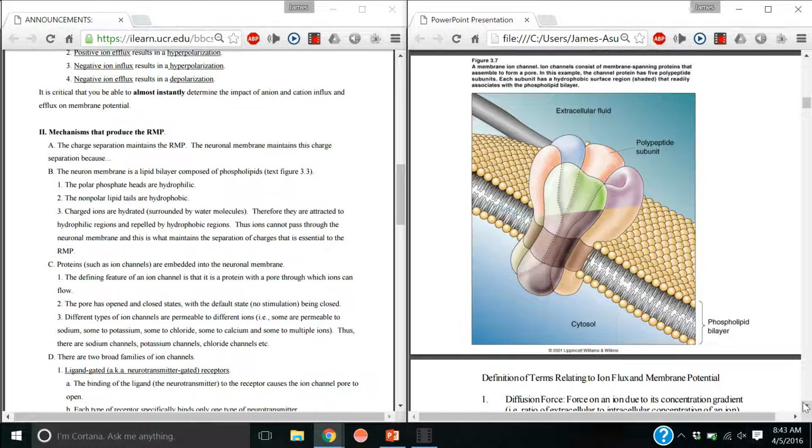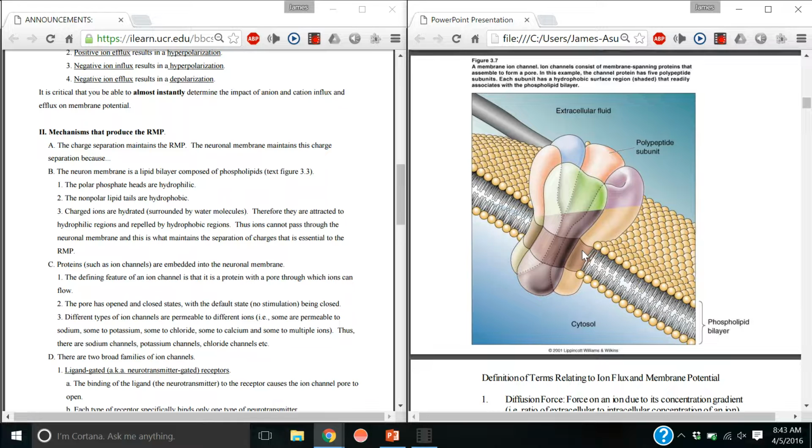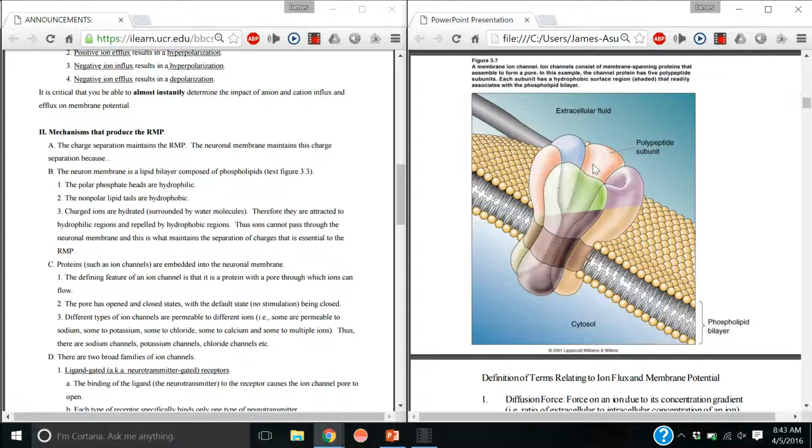This is outside of the neuron. And so if this is, in this particular example, a ligand-gated ion channel, then a molecule of neurotransmitter could bind to a specific binding site on the extracellular face of the channel, and when the transmitter binds to that specific binding site, the channel will pop open.